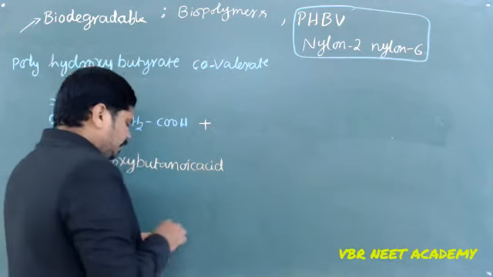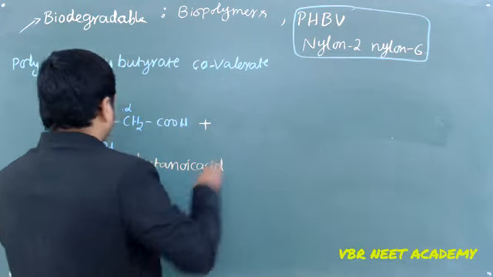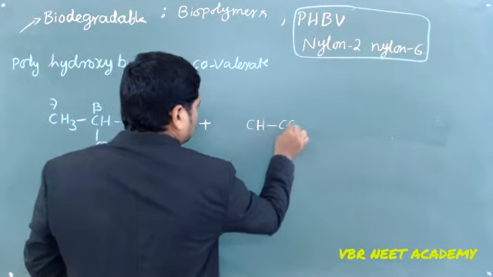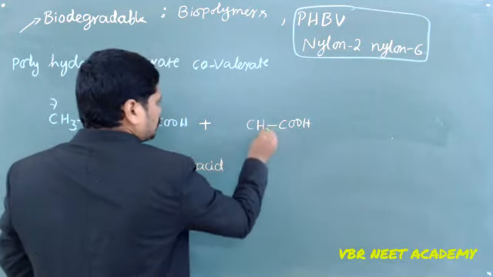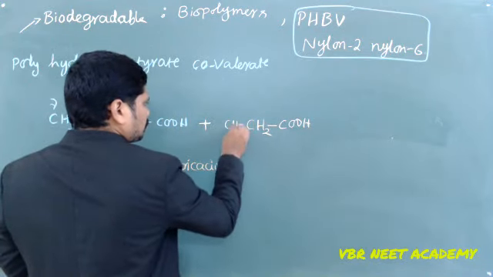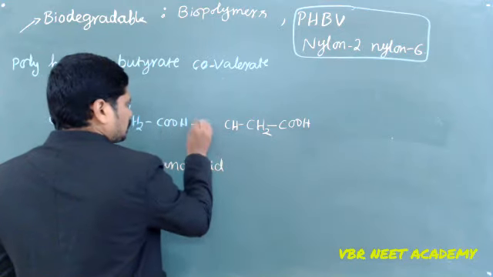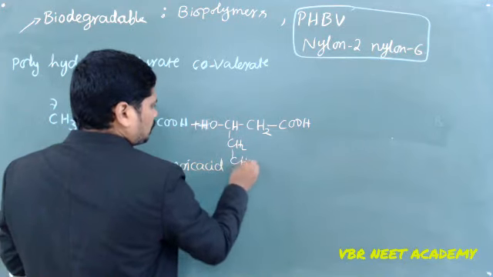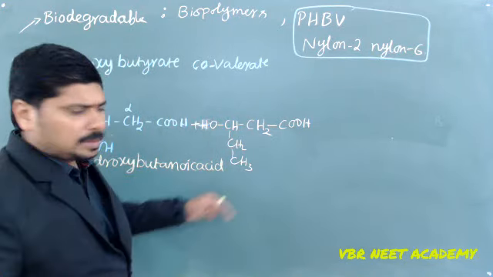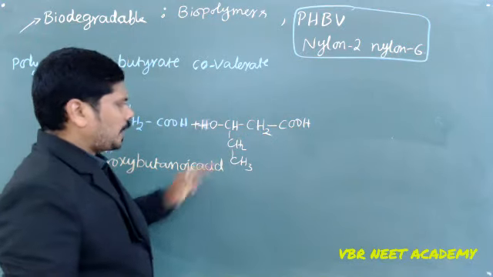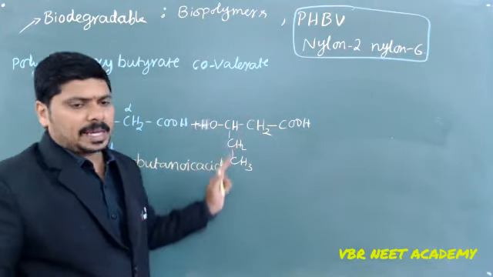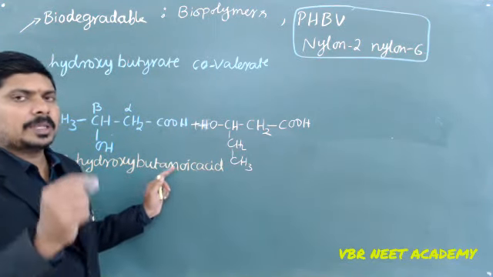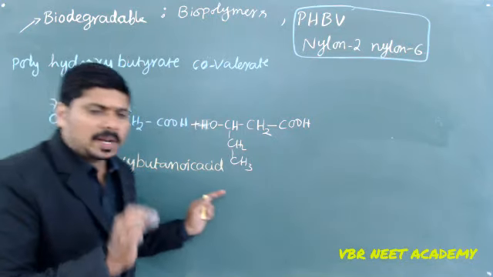It's going to be combined with another acid. Now, how many carbons? 1, 2, 3, 4, 5. So it is going to be valeric acid. A 5 carbon carboxylic acid is called valeric acid.